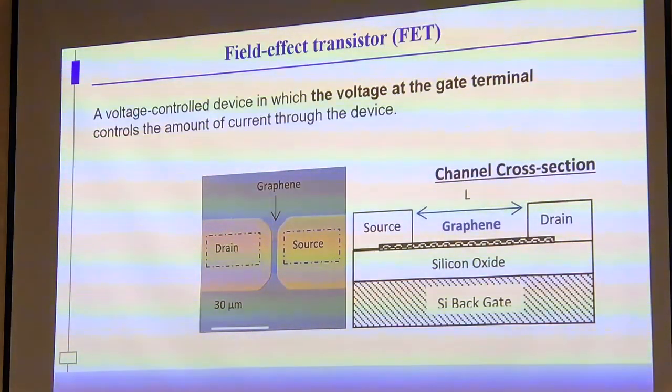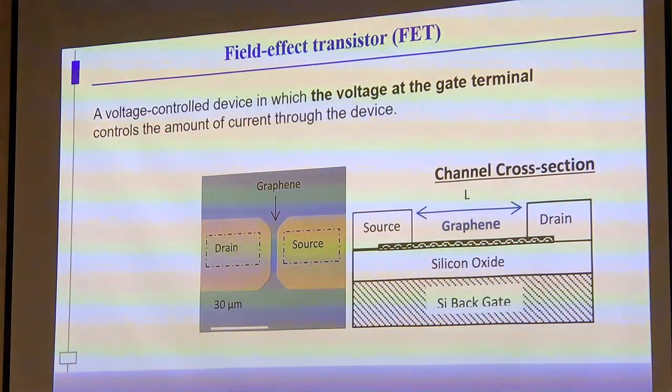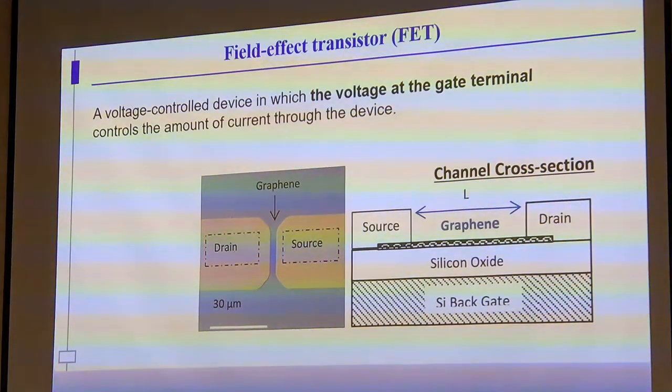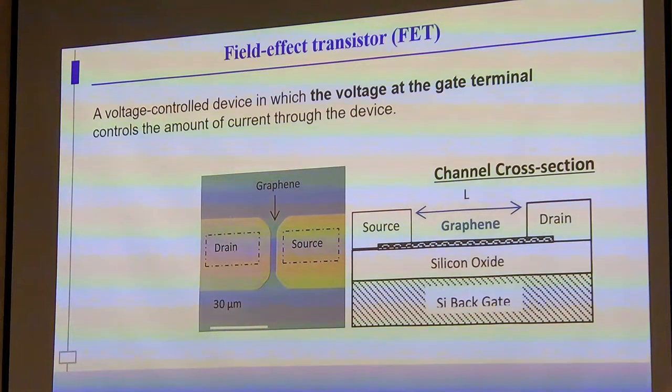So the first question is, what is a field effect transistor? A field effect transistor is a device which is controlled by voltage. It is a voltage controlled device, and the voltage at the gate terminal controls the amount of current between source and drain.